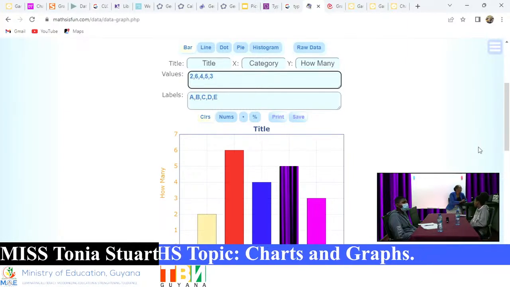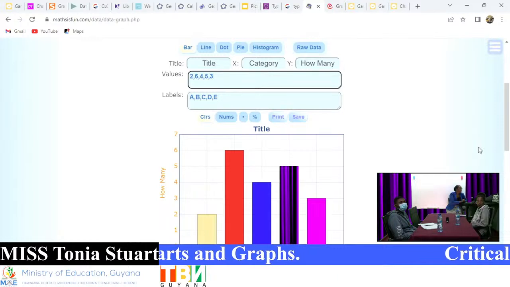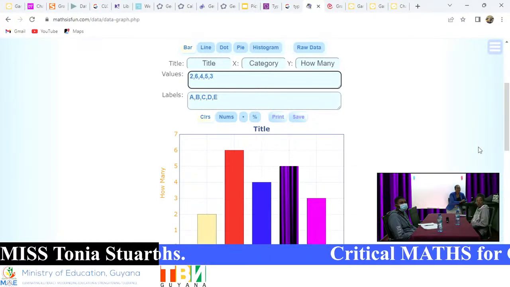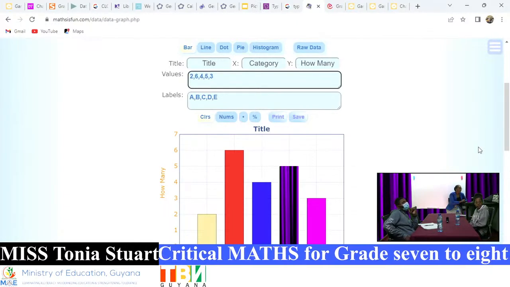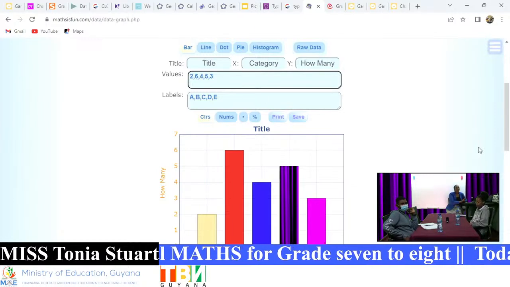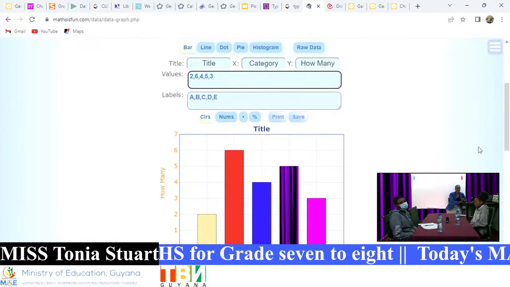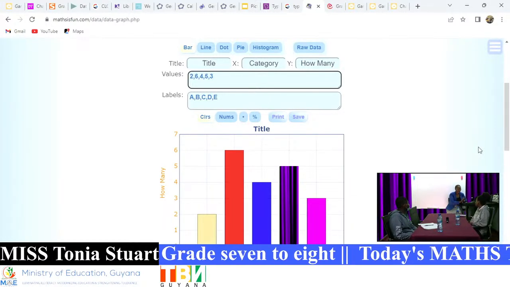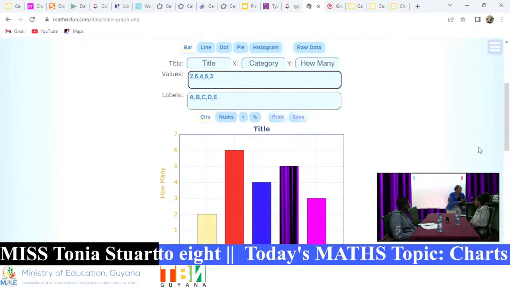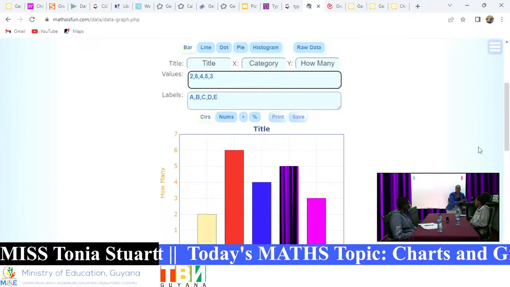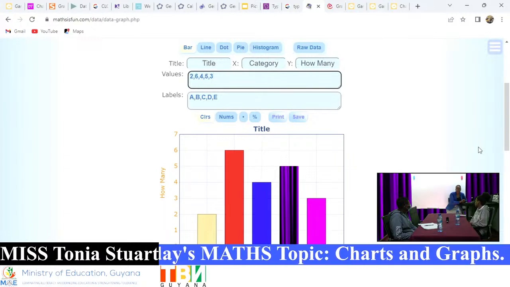Okay, and which 2 marbles would add up to 11? B and D, red and green. Red and green, right? So we would have used this bar graph given to you, just to describe or to read off what is happening on the bar graph.